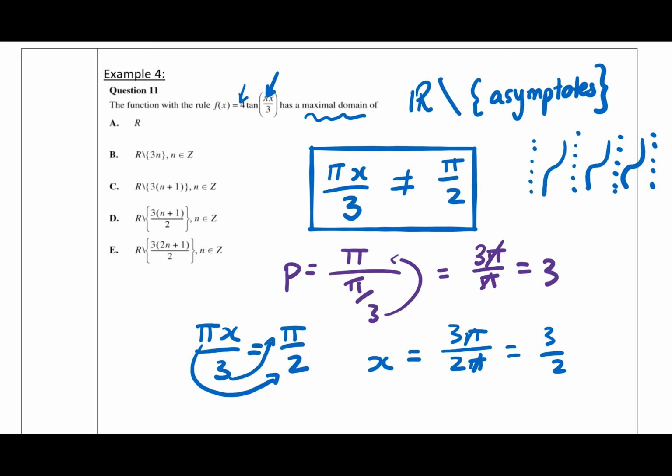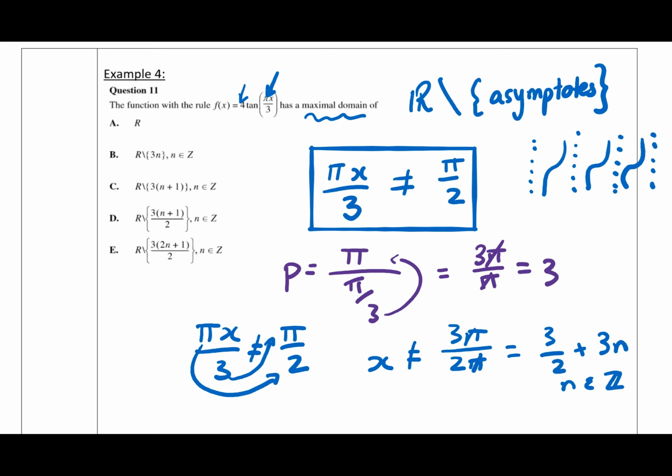Now of course it's not just 3 over 2, it's every multiple of 3 after that. So x can't be equal to, remember everything we're talking about here is where are the asymptotes, so it's 3 on 2 plus every multiple of 3 after that. Remember that n is an element of z. Now looking at the answers here, none of them are that clear, but I do see that all of them have been simplified.